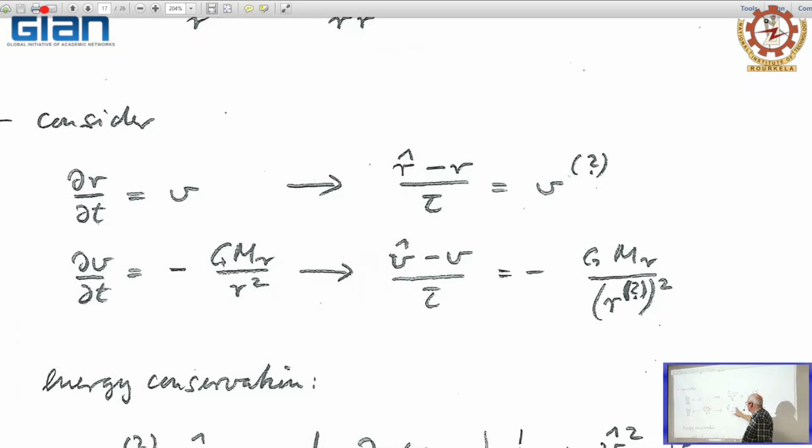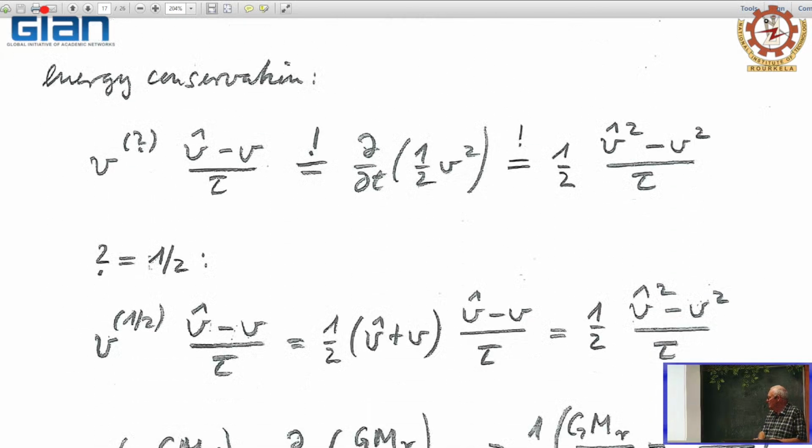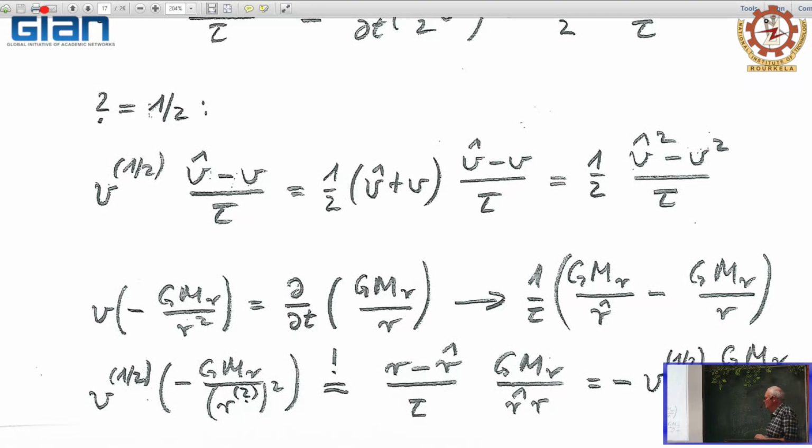This is (v hat minus v) over tau, the definition of dv by dt, equal to minus GM over r squared. But what is the correct weight, or how does the weighting of r squared have to be done in order to guarantee energy conservation?